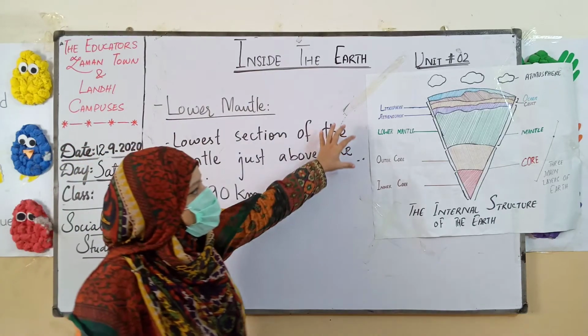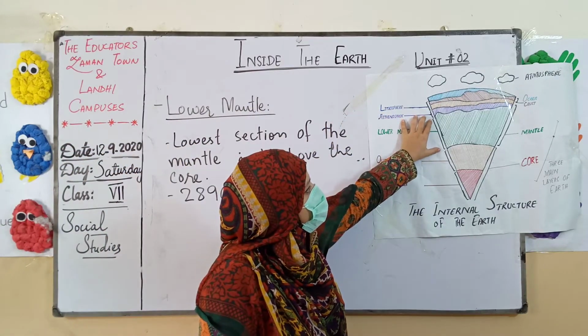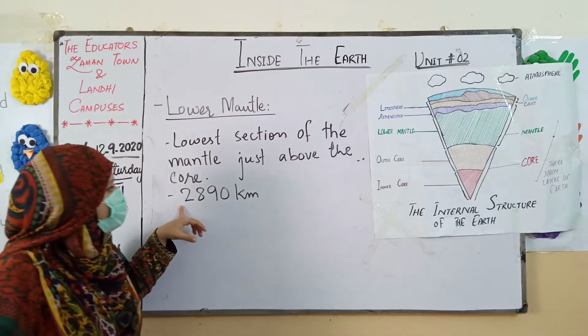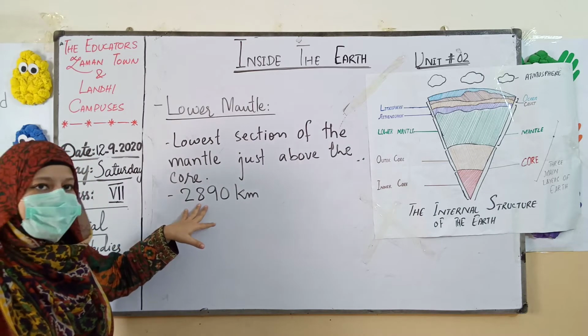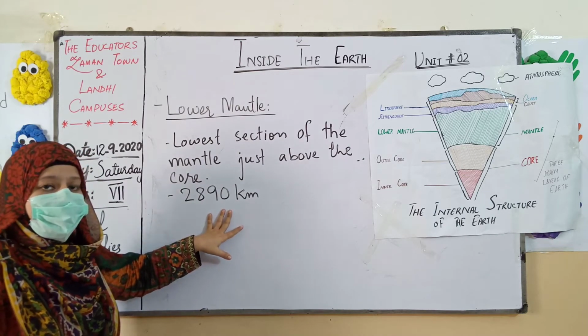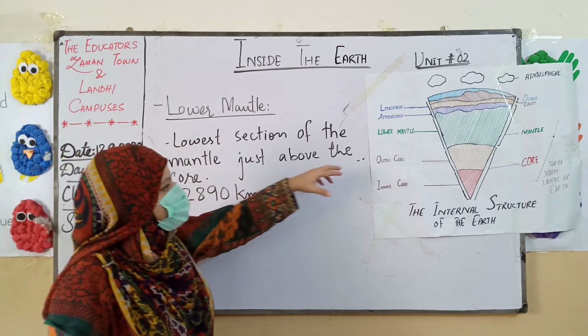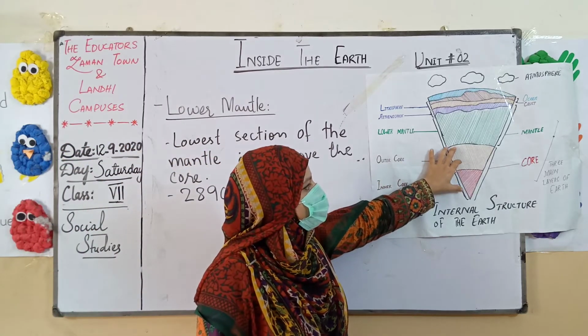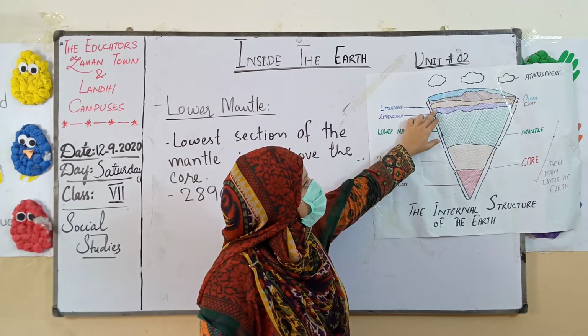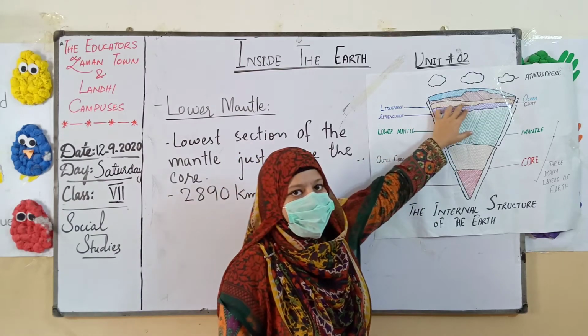The next part is the lower mantle. Lower mantle has a depth of 2890 kilometers. That is huge. It is the lowest section of the mantle, just above the core. Core is the deepest part, and the asthenosphere is the plastic-like material.